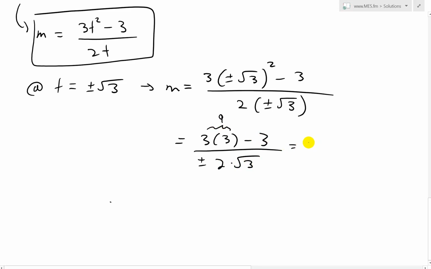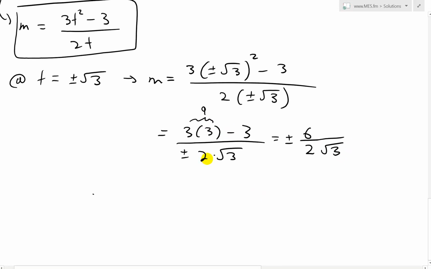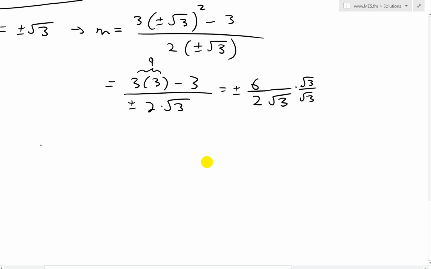Now we have, and I'll put this plus or minus in front, plus or minus 6 over 2 square root 3. Now what I'll do is multiply the top and bottom by square root 3 over square root 3.